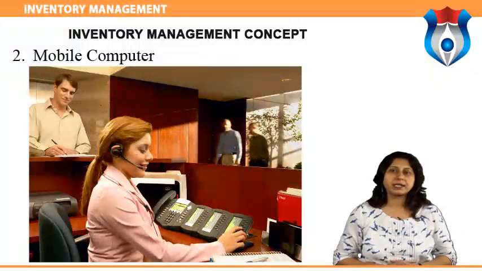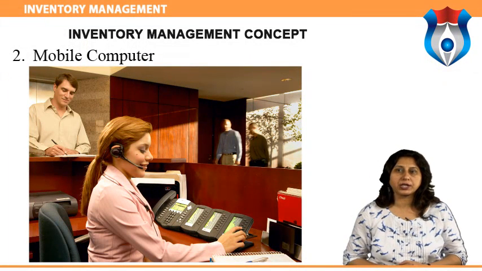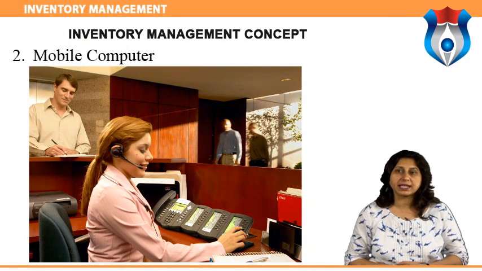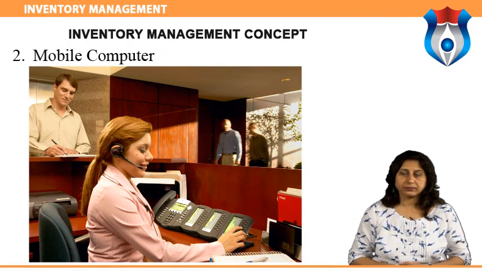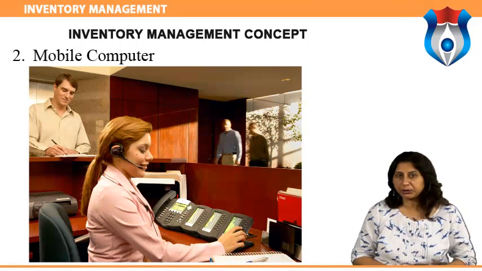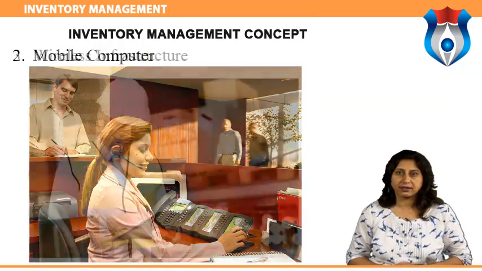Second component is mobile computer. Inventory tracking requires users to be on the move throughout your facility, making updates and changes. Depending on your environment and need for wireless communication, a range of devices can serve your process.